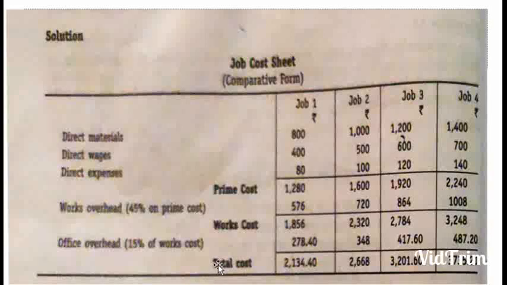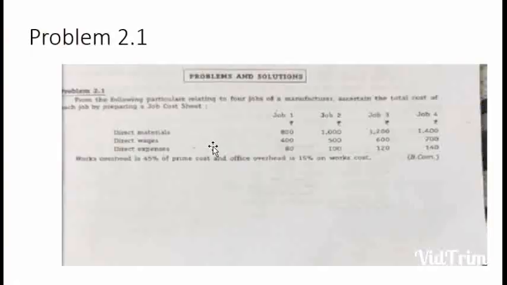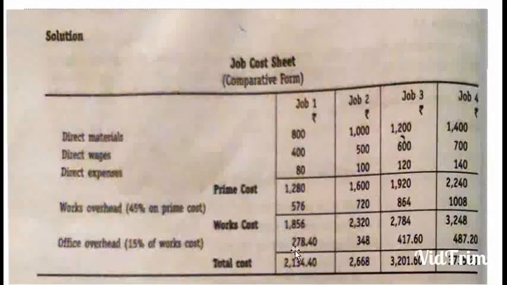So now, if you have any other cost after this, then it will not be total cost, it will be office administration cost. But as in the question there is nothing after this, that is, 15% on works cost is your office overhead. After that nothing is stated, so this will be your total cost. So when you add your works cost plus office overhead, you get your total cost, which is 2134.